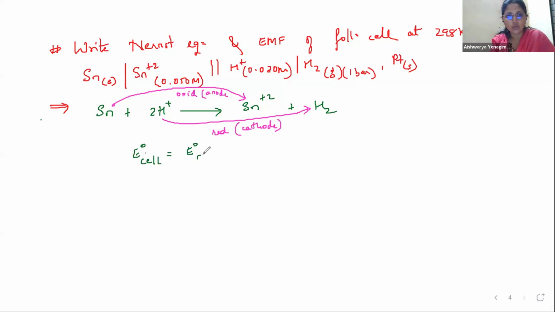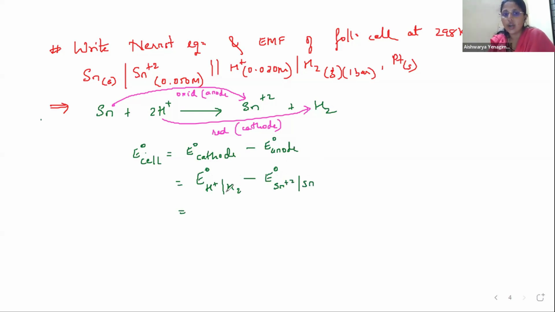E naught cathode minus E naught anode. Fine. And I know my cathode and anode. Which is my cathode? SHE is my cathode, standard hydrogen electrode, to be more specific, H plus bar H2, minus E naught. Reduction potentials we are talking about. Fine. And this is Sn plus 2 bar Sn, right? What is the SRP of SHE?